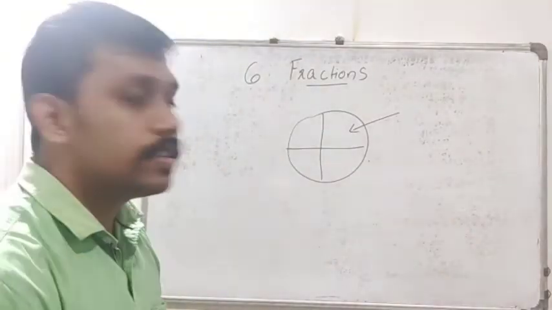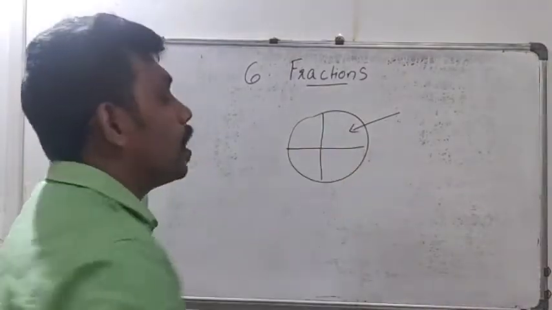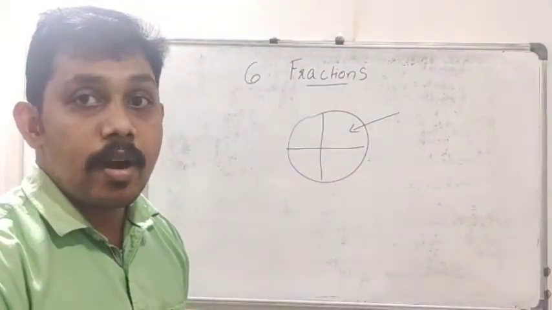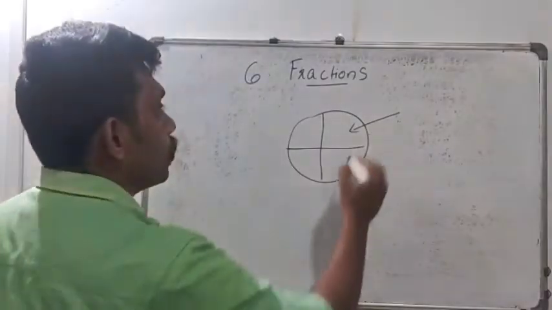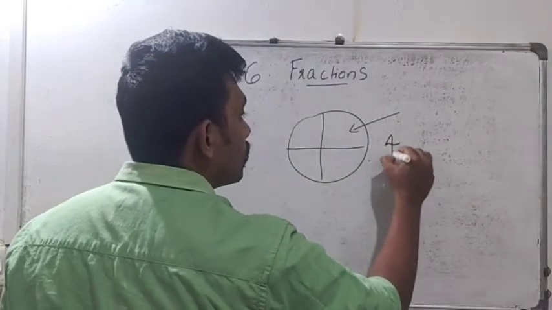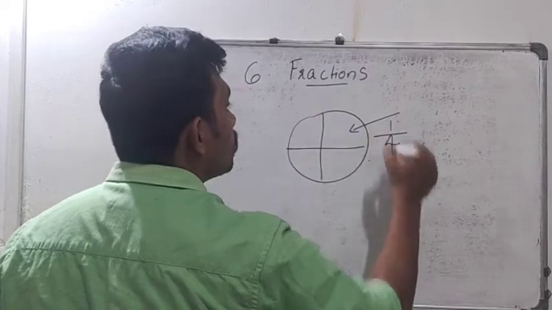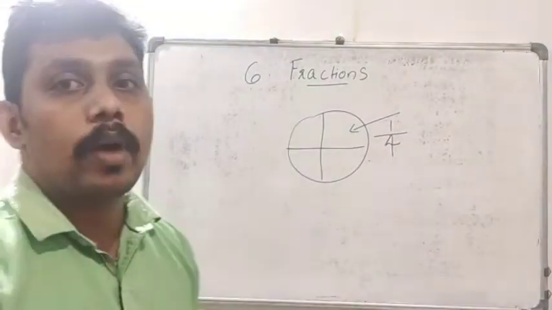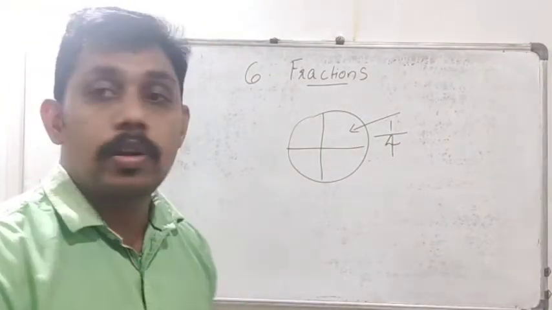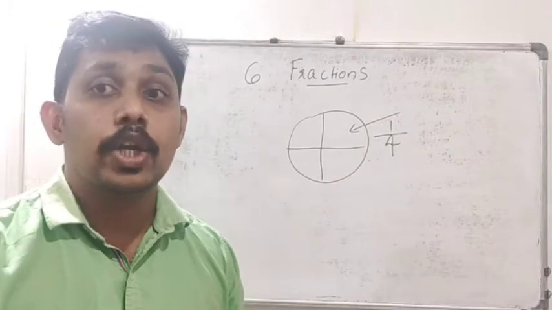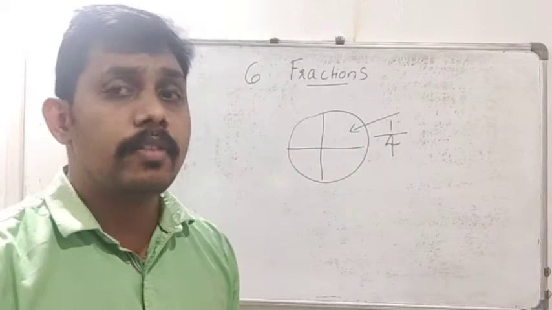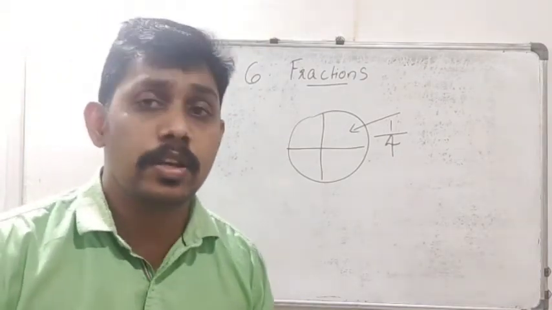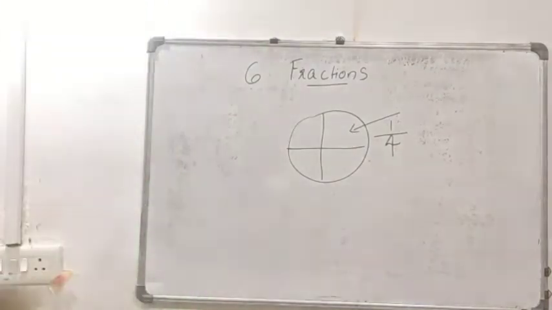So in this cake, this part is represented by 1 by 4. The total number of parts is 4, so we represent this as 1 by 4. This is called a fraction. It has a numerator and also a denominator. These things you have already discussed in your previous years, isn't it?